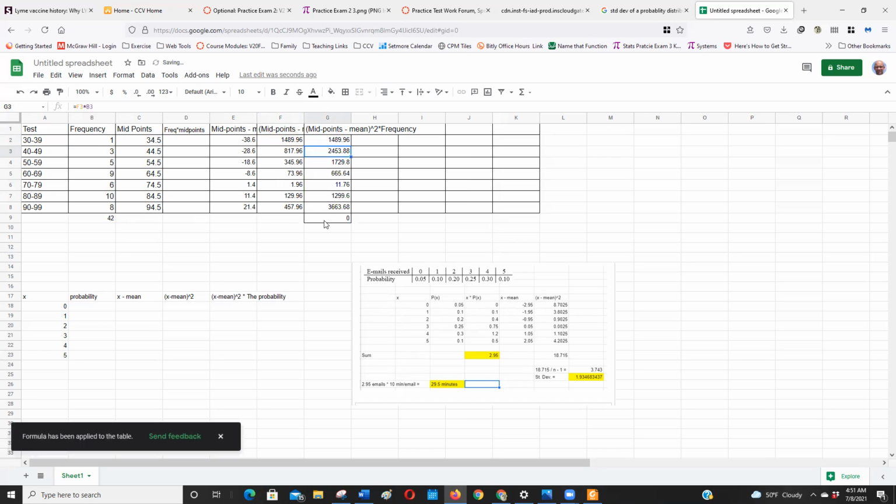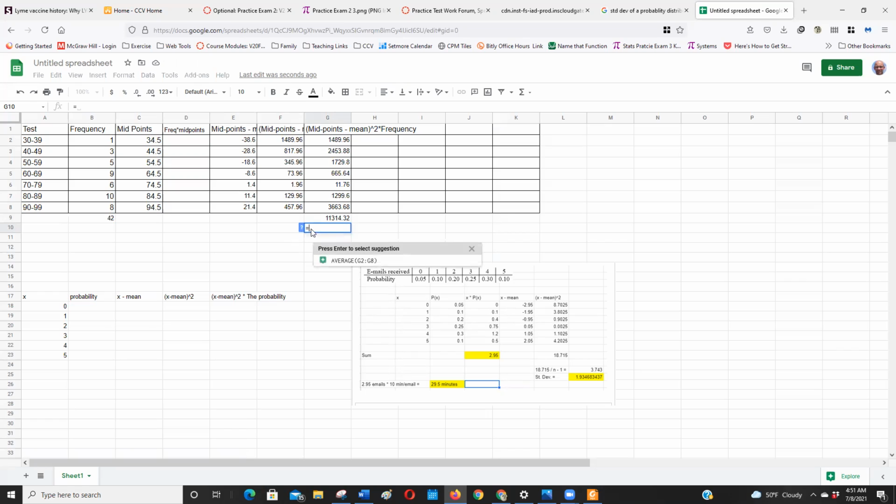Then we'll find the sum of that. So that's the sum of all the x minus x bars squared. And to finish it off, we'll divide that by 41, because the sum of the frequencies is 42, so n-1 is 41. And then that's the variance. Then we'll take the square root.